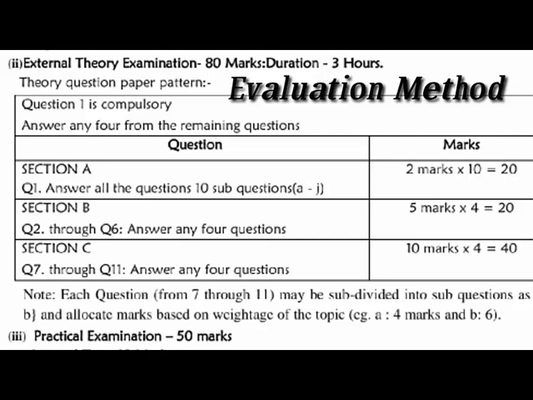There you need to answer 4 questions out of 5 or 6 and you will get 20 marks in it. And in section C you have 10 marks questions. There again you need to answer 4 questions out of 5 or 6 and you will get 40 marks in it. The total marks will be 80. That is your theory exam.